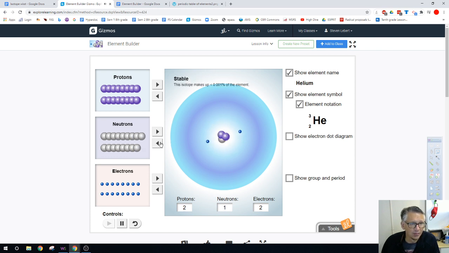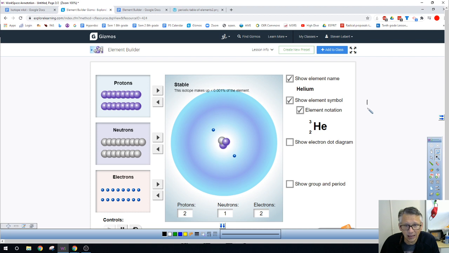So here's a stable one and here's a stable one. Helium as a stable element is helium-4. Helium-4 is stable, and an isotope of it is going to be helium-3.